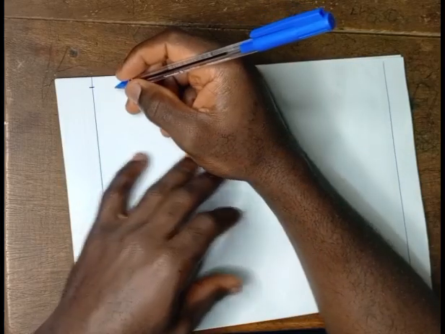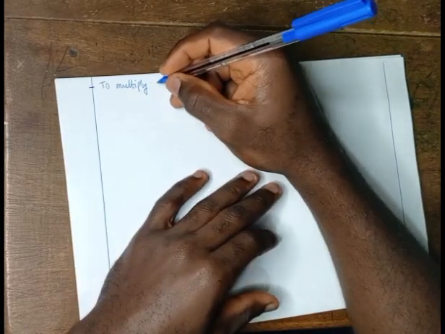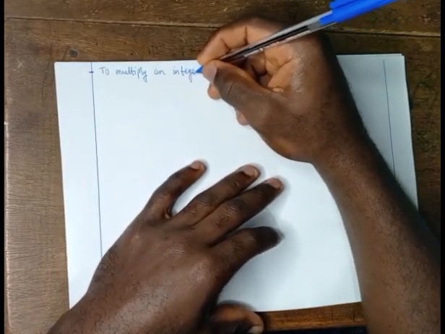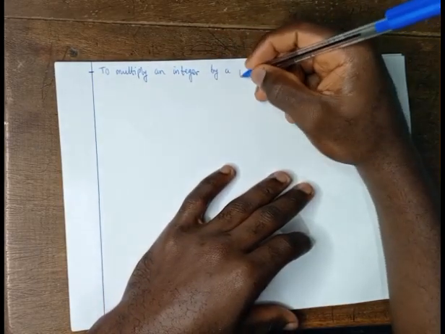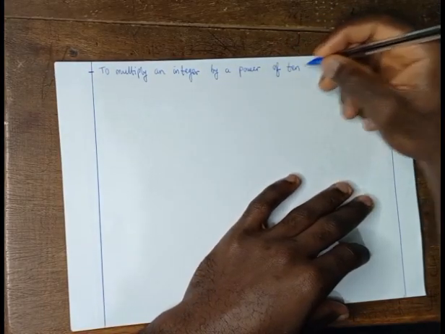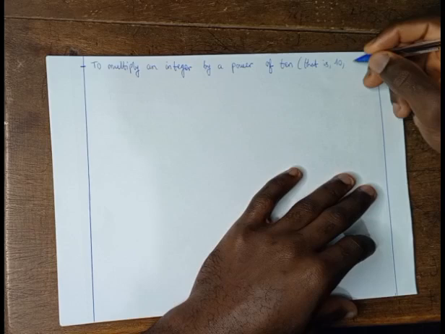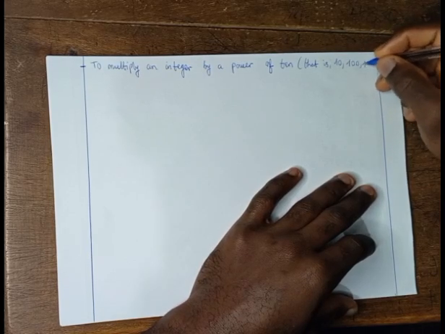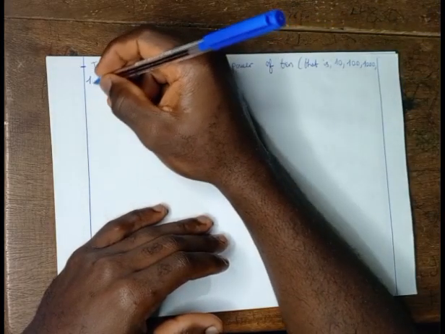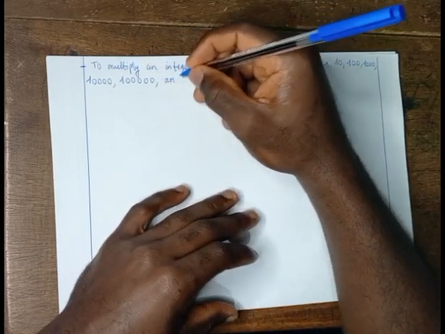Now let's go to the next thing. The next hyphen: to multiply an integer by a power of 10, that is, we are referring to 10, 100, 1000, that is a 1 with zeros, 10,000, 100,000, and so on.